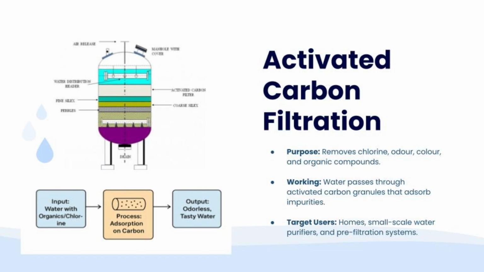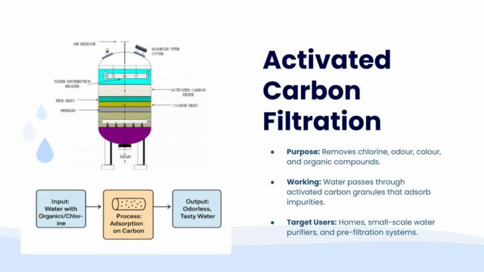This is one of the oldest and most reliable purification methods. Purpose: activated carbon filters are primarily used to remove chlorine, bad odors, color, and organic compounds from water. Working principle: the filter contains activated carbon granules, which have an enormous surface area. As water passes through, impurities stick to the surface through a process called adsorption.